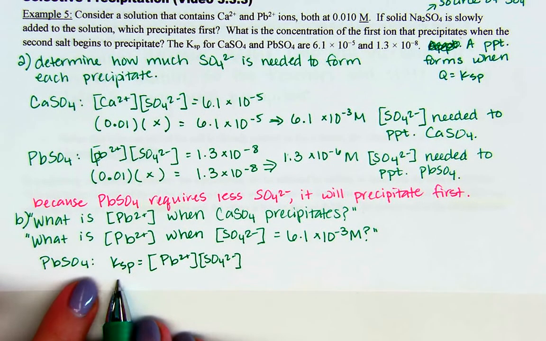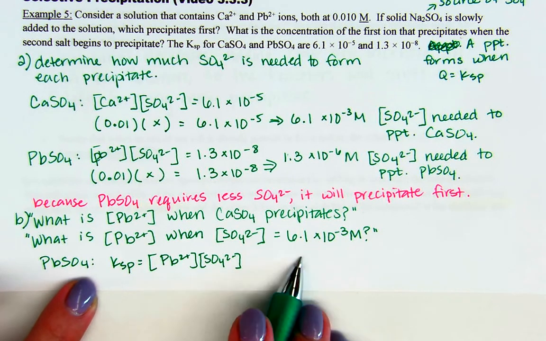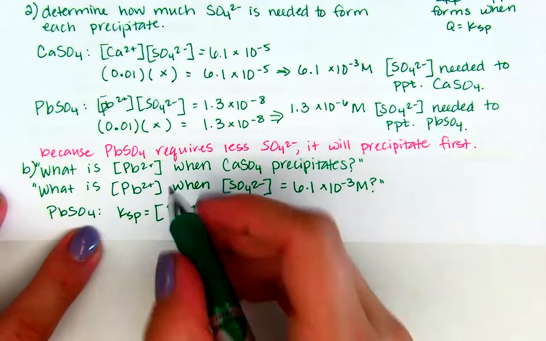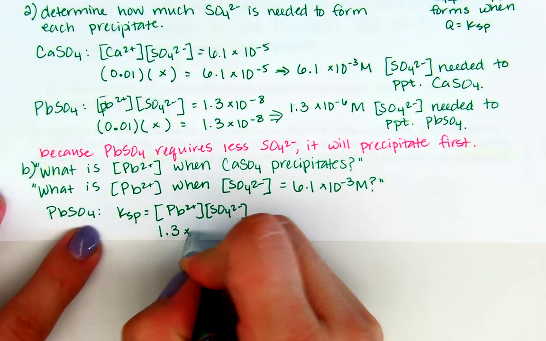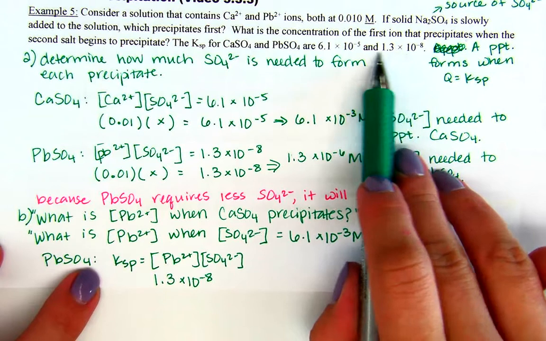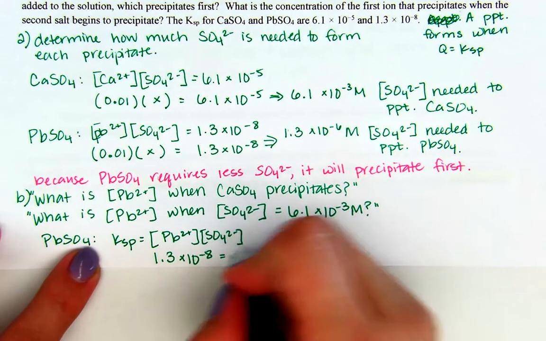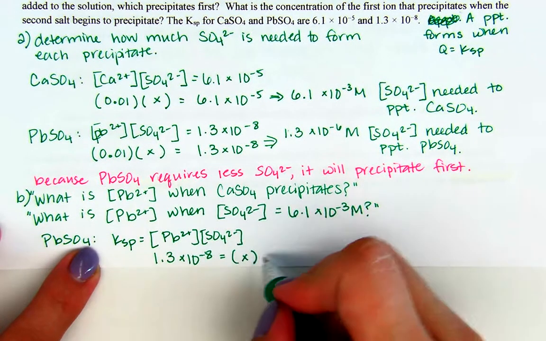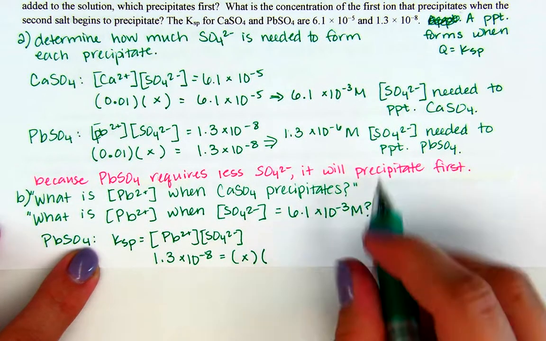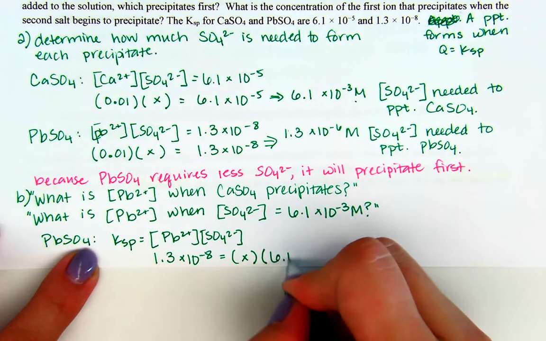We know the KSP, we're trying to find the lead concentration, and we know the sulfate concentration. So our KSP is equal to 1.3 times 10 to the negative 8, which we were given, equal to the lead concentration times your sulfate, which we figured out above was 6.1 times 10 to the negative 3 molar.